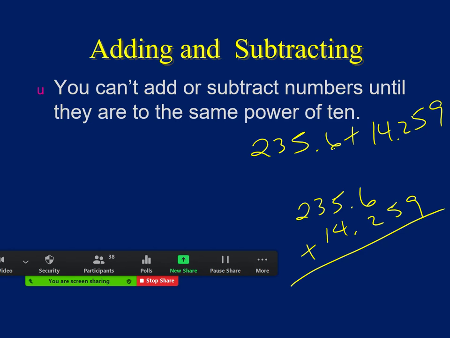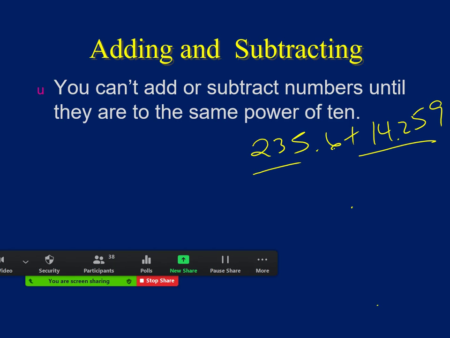Now, this causes a problem because if I wrote these numbers in scientific notation, 2.356, because I had to move the decimal point over twice, times 10 to the second, and 1.4259, and I only moved the decimal point over once, so it's times 10 to the first.